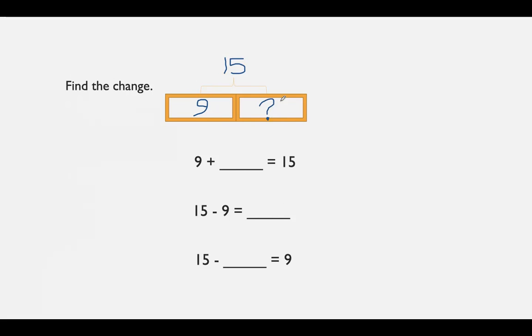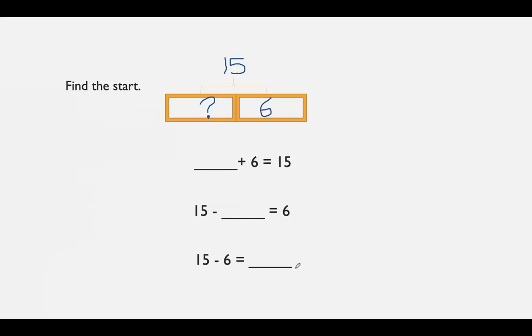We don't know how many grapes his dad gave him. So we would write our equation 9 plus question mark equals 15. 15 minus 9 is another way we could write this equation. And 15 minus question mark equals 9. It's just a number of ways to get to an answer as long as the answer is correct.